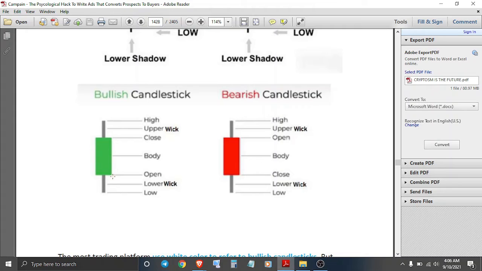Now when it opened at this price, it went high to this point, trying to go bullish. But when it reached this point, maybe there was very high selling pressure.